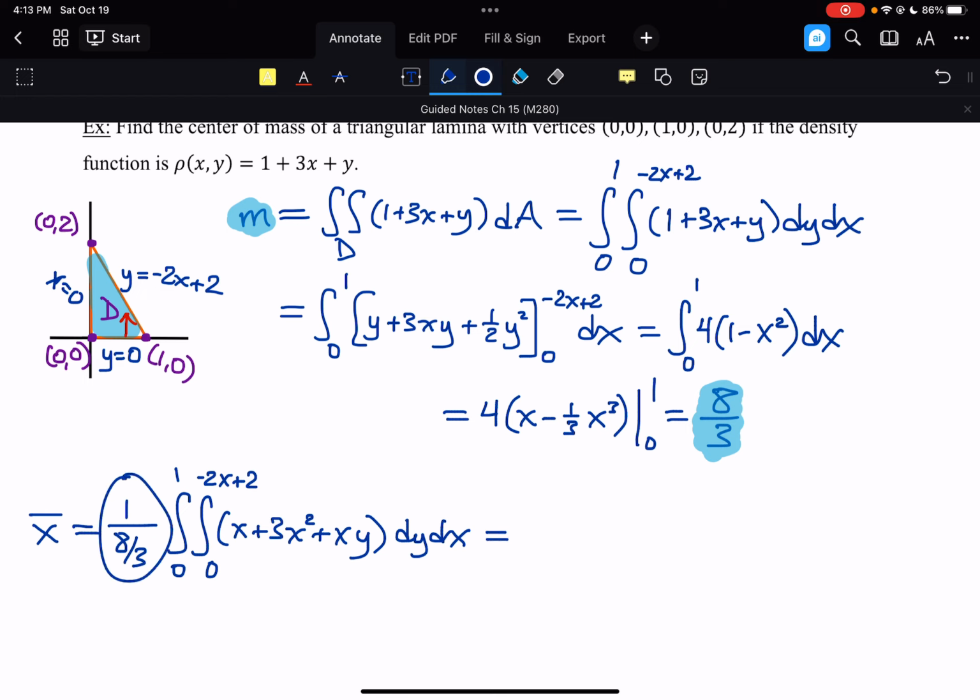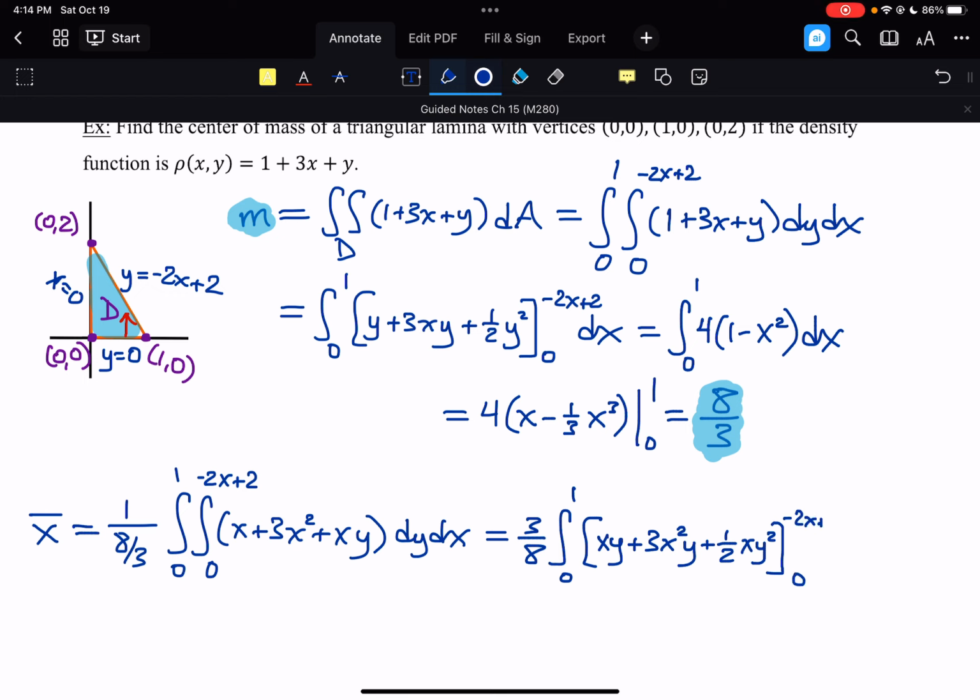1 over 8/3, we go ahead and just take the reciprocal of this, so that's going to just be 3 over 8 instead. Outer integral is still intact. Antiderivative in here with respect to y, we get xy plus 3x squared y plus 1/2 xy squared from 0 to negative 2x plus 2 dx.